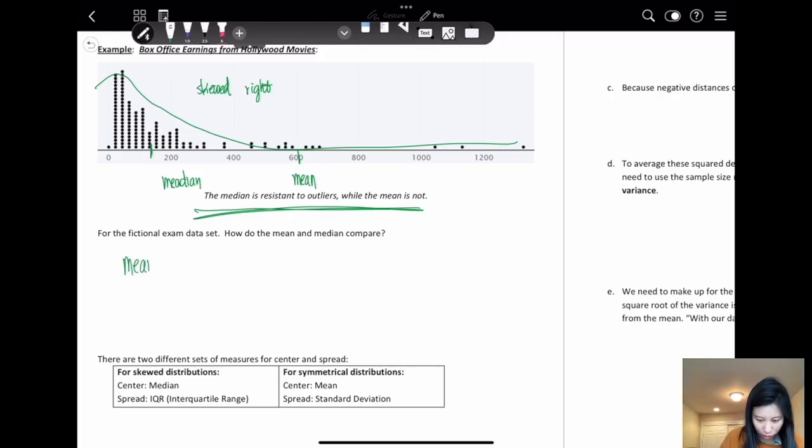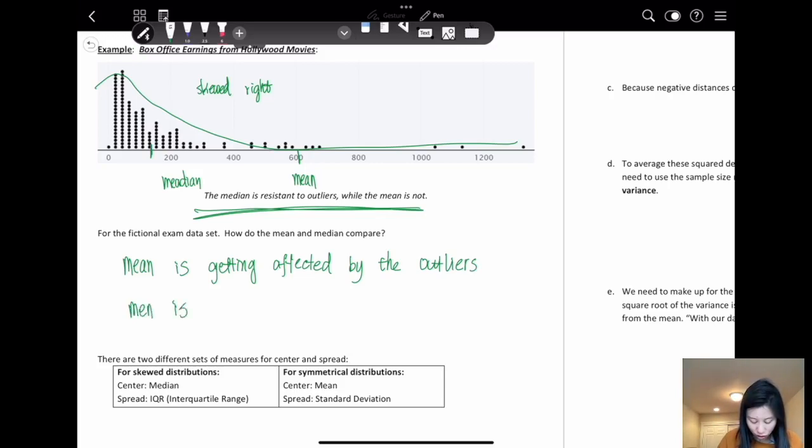So we know that the mean is affected by the outliers, but the mean is also bigger because it's skew left. So that means the mean is going to be bigger than the median. Oh no, I'm sorry. The mean should be smaller. If you remember our data set, sorry.